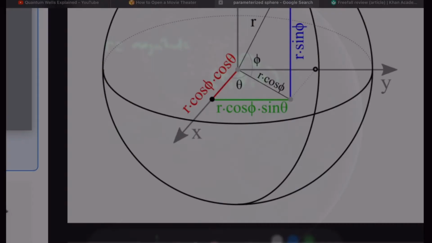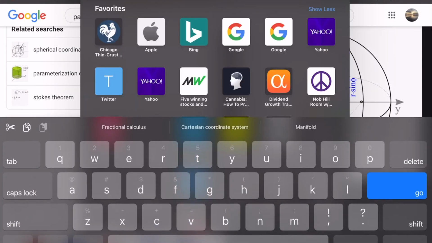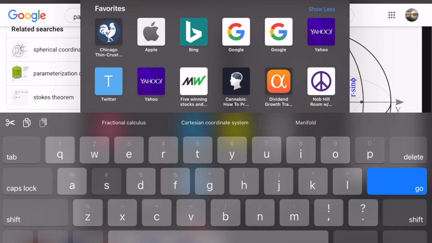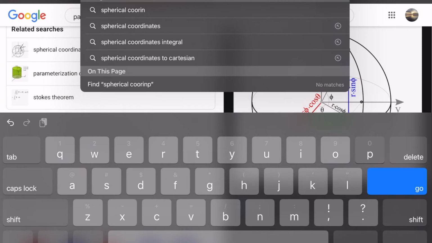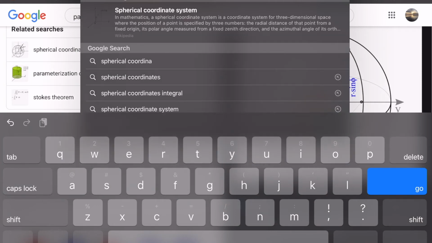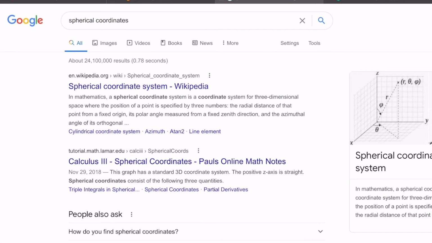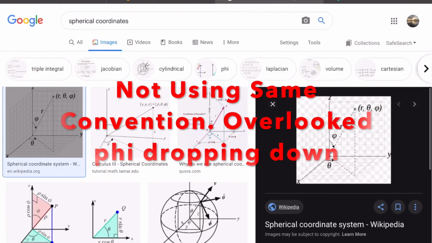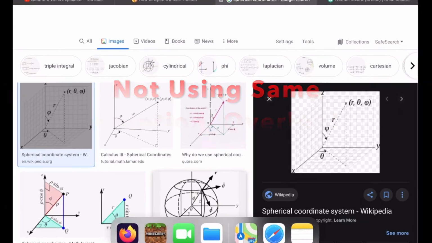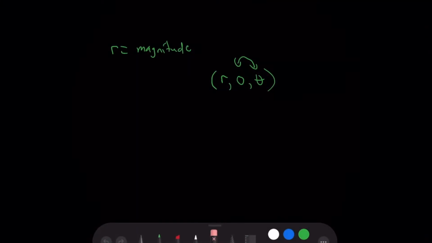You would have r, the order of these might be swapped. I'd have to go look at how I'm setting mine up again. So let's just look at spherical coordinates. Okay, cool. So this wiki is using the same convention that I have here. All right, so we have r, theta. Let's change this up.